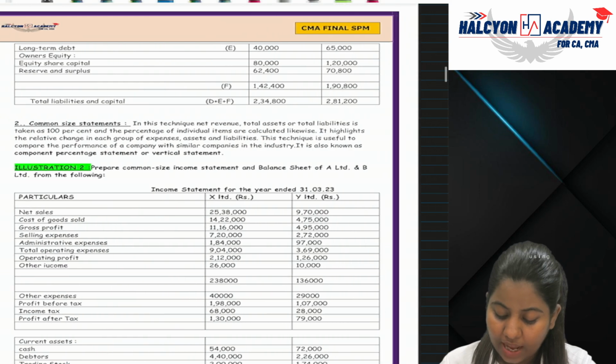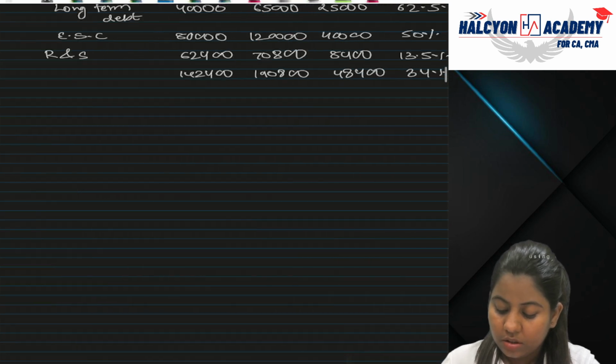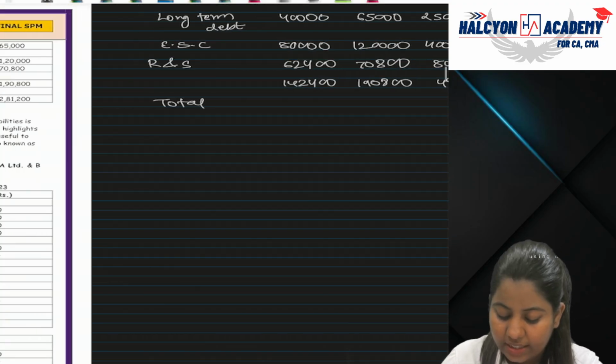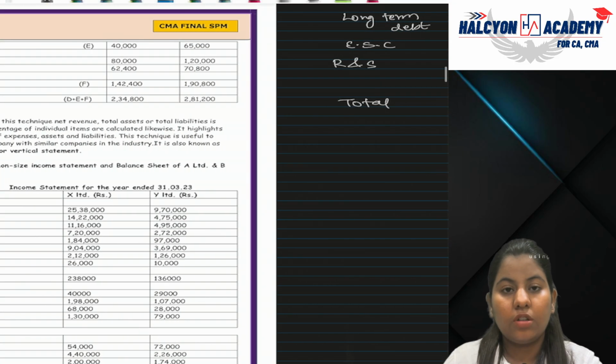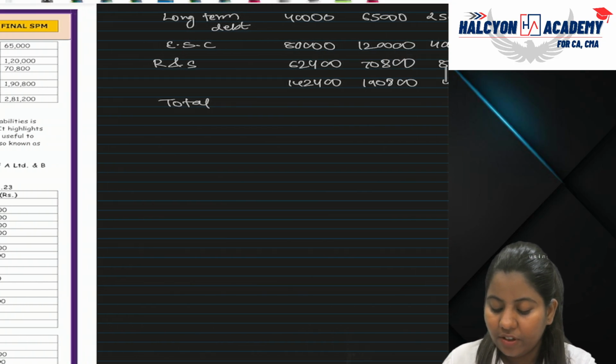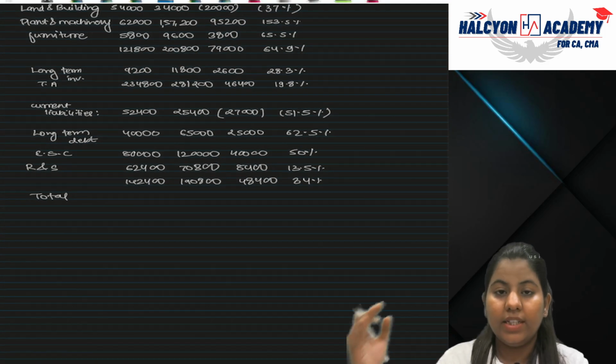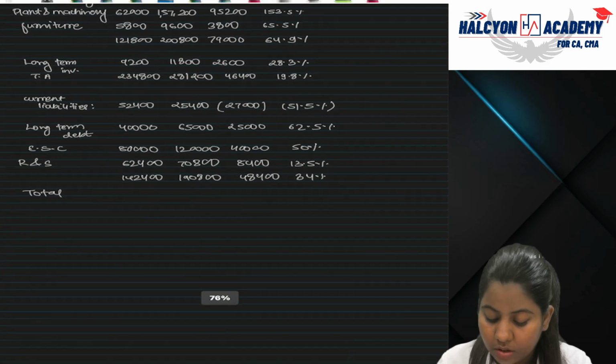Now total liabilities and capital. Total is 2,34,800 and 2,81,200. Same as total assets. Assets and liabilities side is always same.